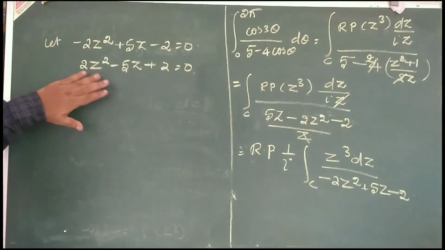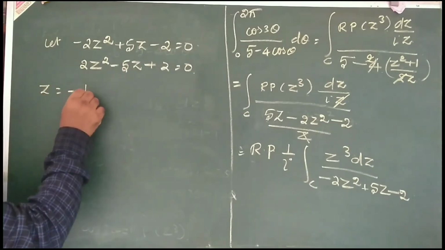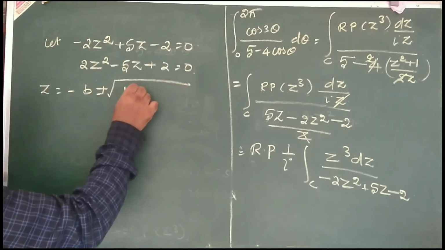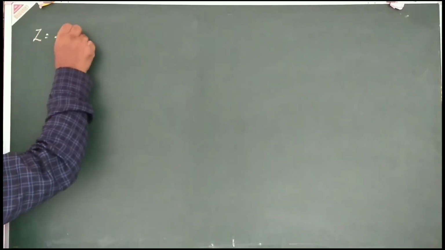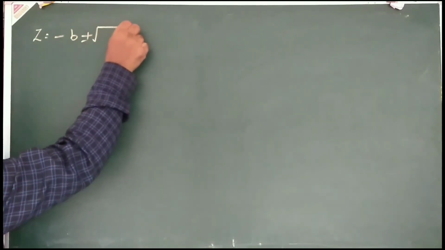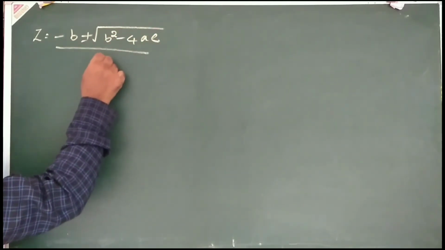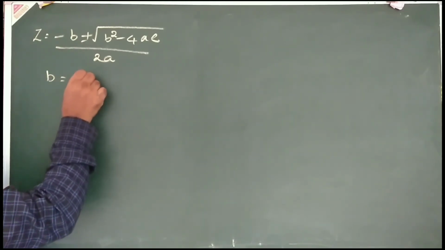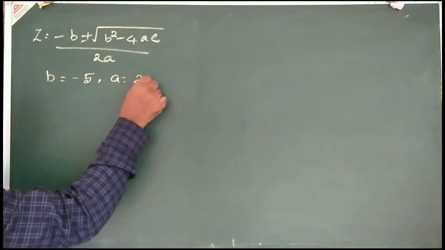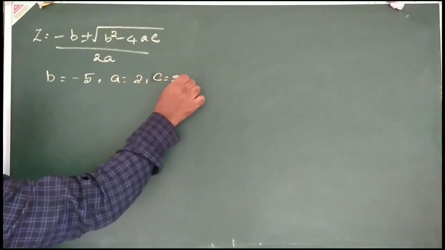Since this is a quadratic equation, we can solve by the formula, that is z is equal to minus b plus or minus root of b square minus 4ac, divided by 2a, where a is equal to 2, b is equal to minus 5, c is equal to 2.